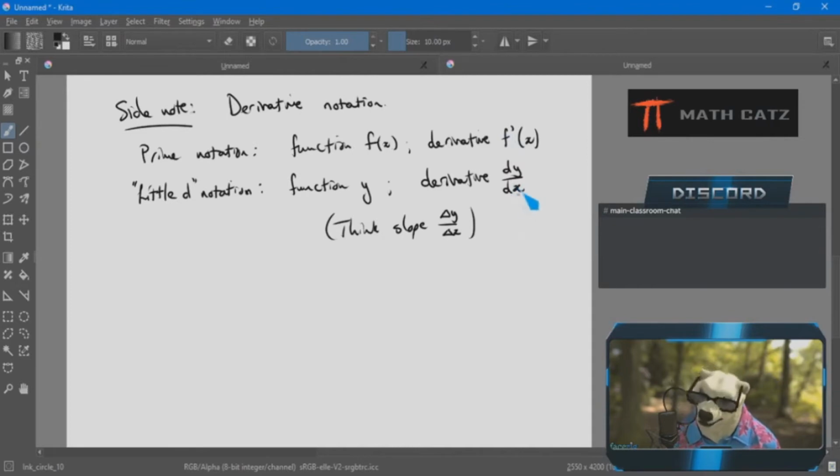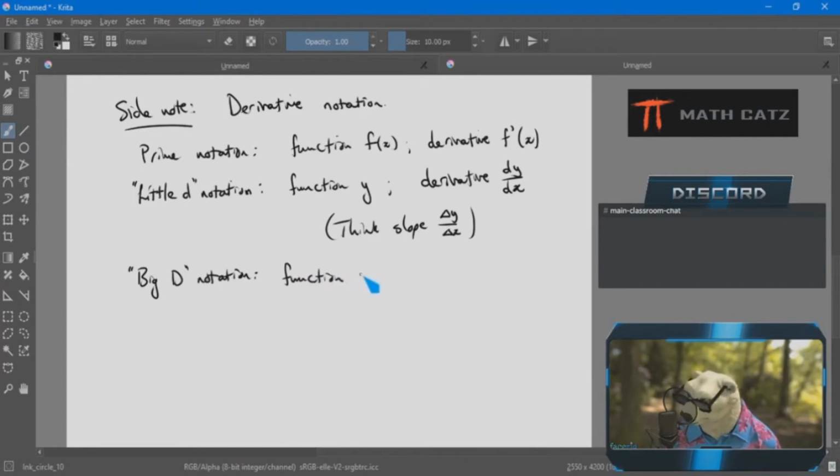and they write dy, function name, over dx. Now, mathematically, these little guys called differentials have some more properties, but for now, really, it's just a name of the derivative. I could have called the function f and then say df dx. It doesn't matter. It's just a different name for the same thing. And then I will lastly have big D notation, where I have my function.